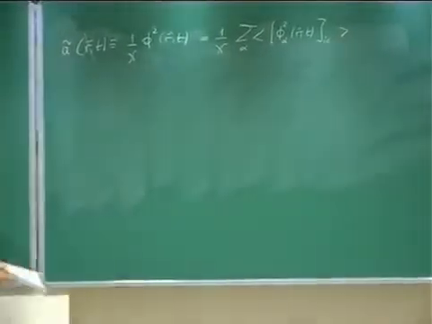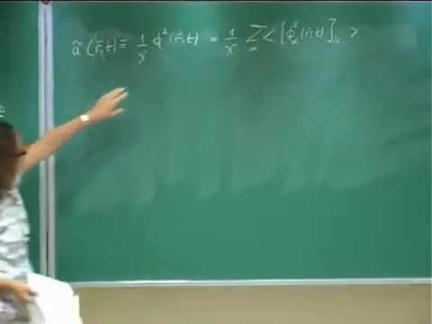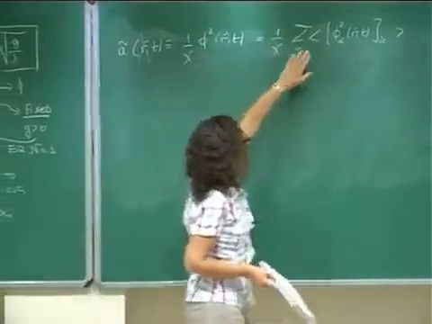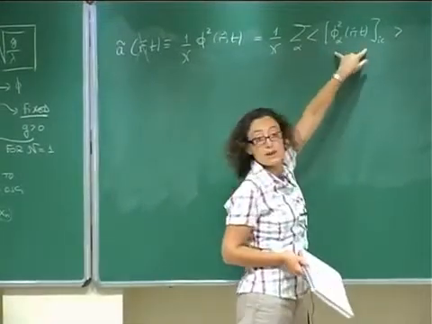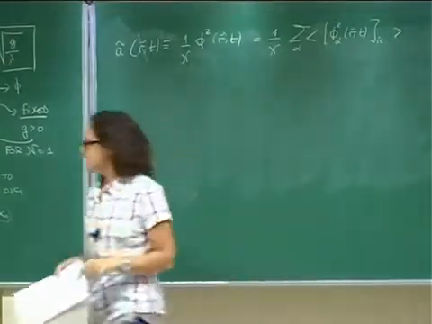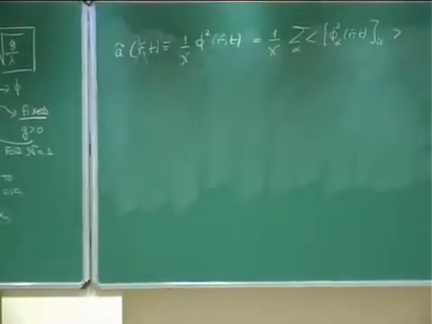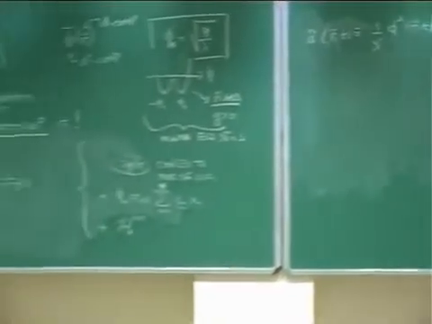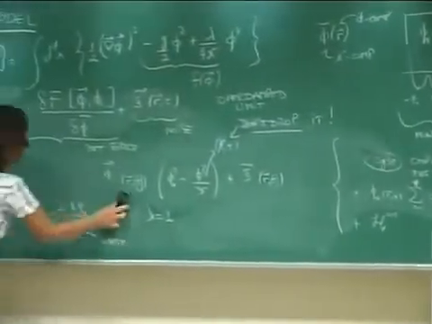So I'm going to replace this object by an average. Now it's not an average over the partition function, it's an average over the noise. And I'm going to include as well an average over the initial condition. And this makes me think that I haven't defined the initial conditions yet. So let me make some space.